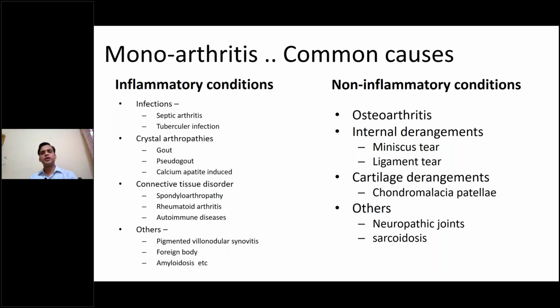Crystal arthropathies usually involve one joint or say two joints, but not many joints. Pseudogout, calcium apatite induced arthritis, spondyloarthropathy, and rheumatoid arthritis can also have a single joint presentation to begin with, but otherwise the connective tissue disorders gradually progress to involve many joints.